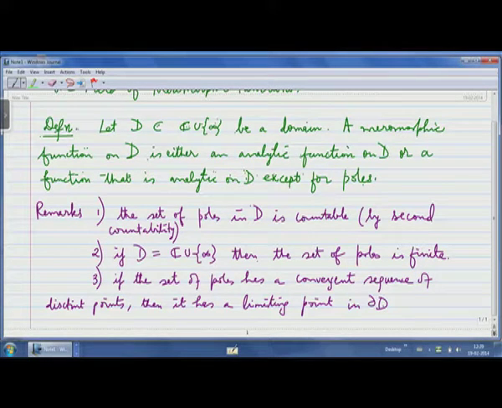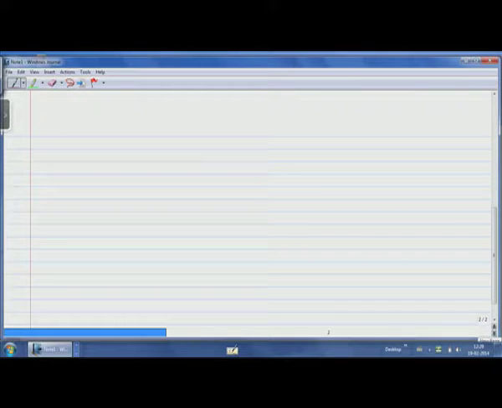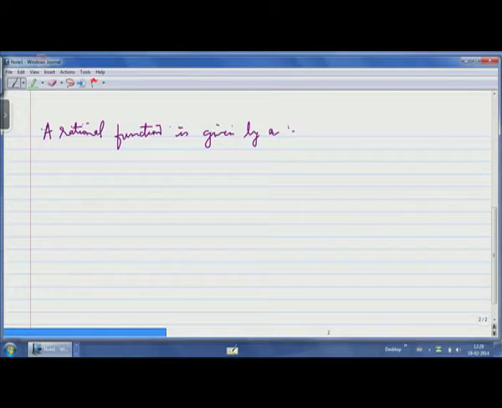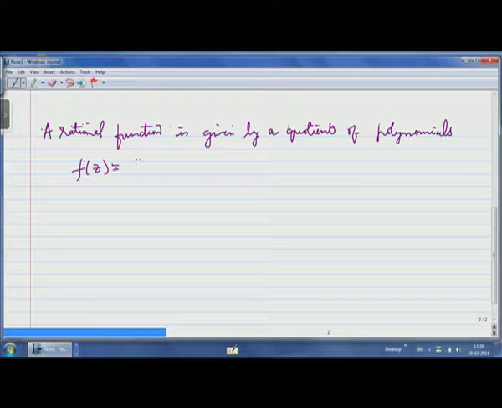Well, now let me go ahead with this fact that I told you, that rational functions are meromorphic and the converse holds. A rational function is given by a quotient of polynomials, f of z equals p of z by q of z.